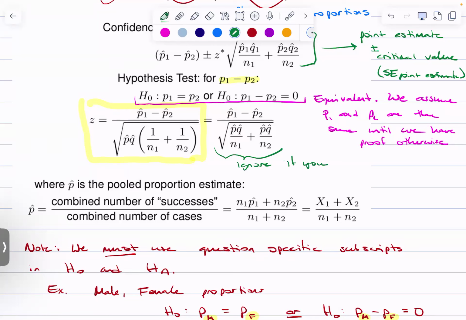Ignore if you want. And I mean this whole thing. There's a lot of duplication on the formula sheet, making it look a lot worse than it actually is.